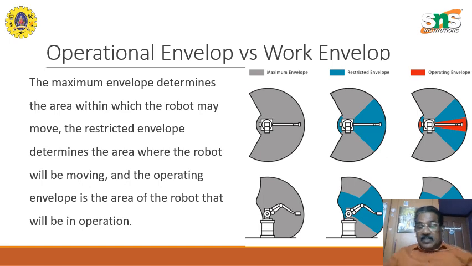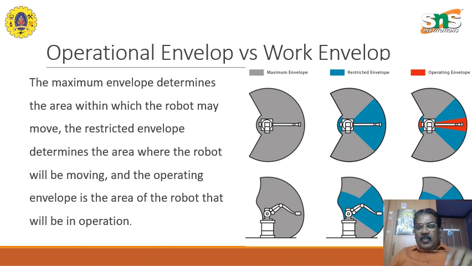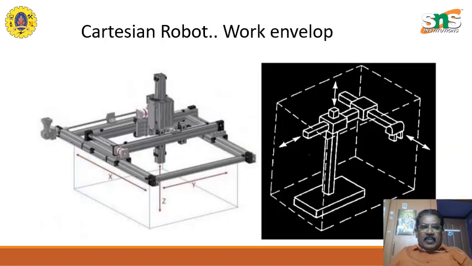Although the envelope is large, we can make the program in such a way that it can move only within a limited distance. That is called the operating envelope, the area of the robot that will be in operation. Based on that, you can make the movement much more restricted, and you will improve productivity and increase the time for which the robot is operational.